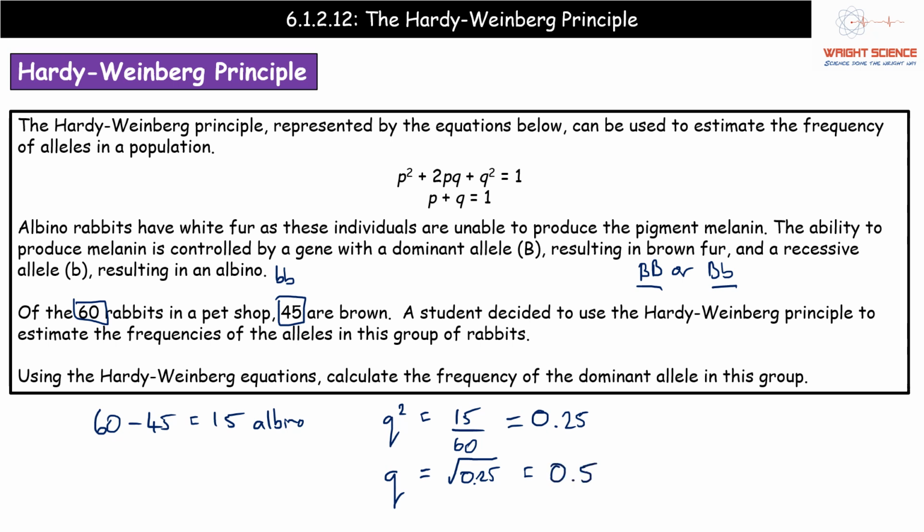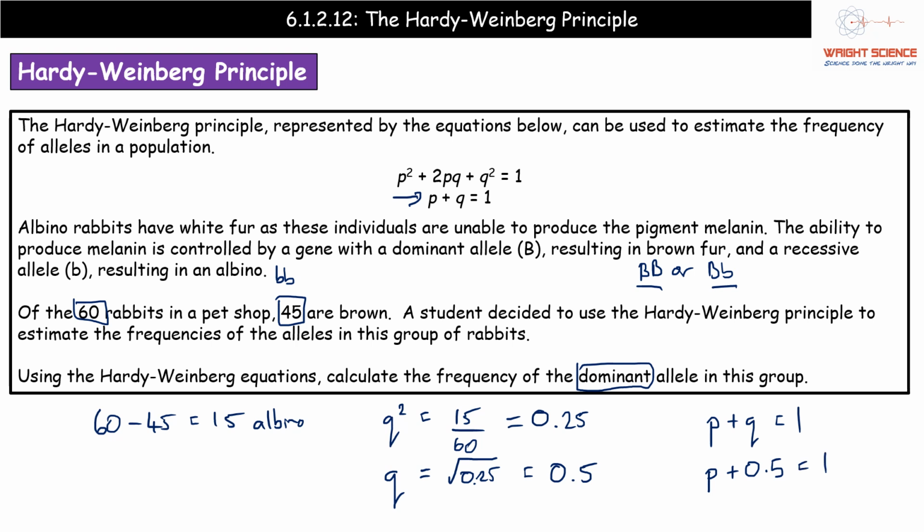Okay. What we need to work out though is the dominant allele, remember. So we're going to come up to this second equation there, P plus Q equals 1. So if P plus Q equals 1, we've obviously got to work out P, but we do know that Q is 0.5.